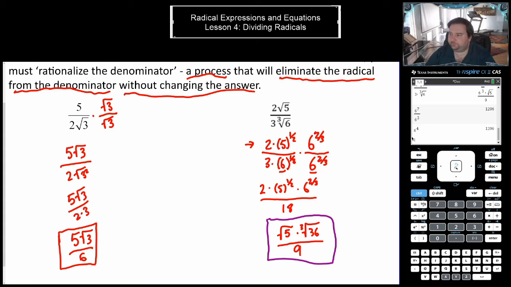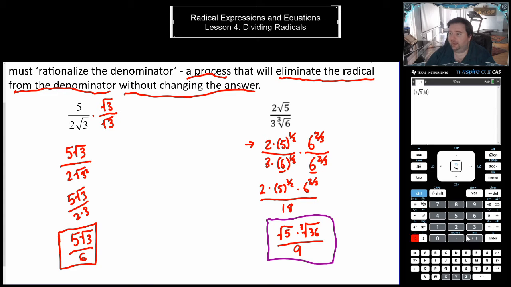Let's get a little crazy here. Let's check our answer. I don't know why anybody would ever want to do that in math, right? Let's try 2 root 5. And we're going to divide this, and I'm just putting parentheses because I want to make sure my calculator is going to do the right thing.